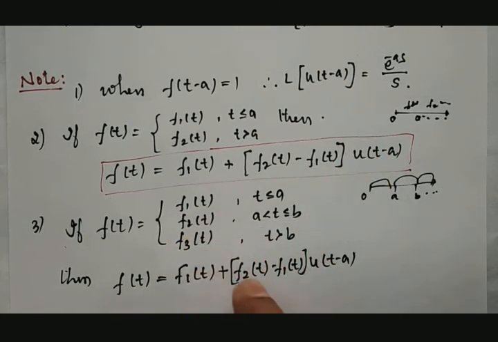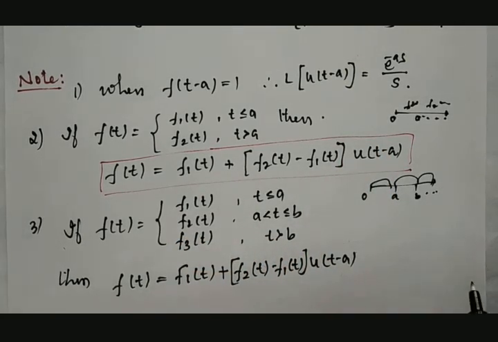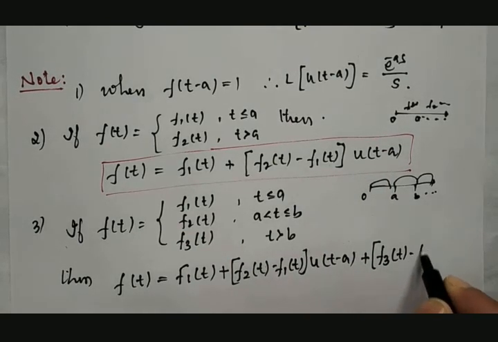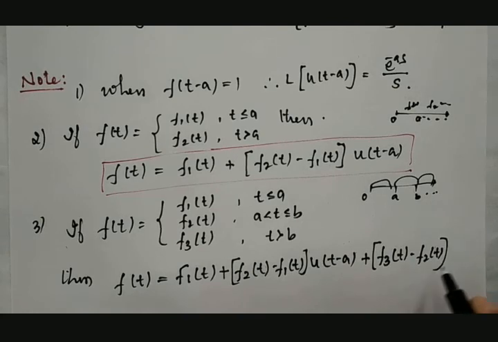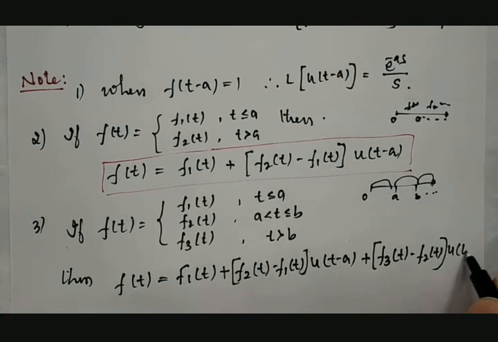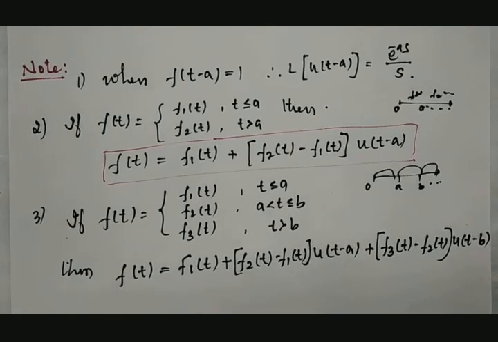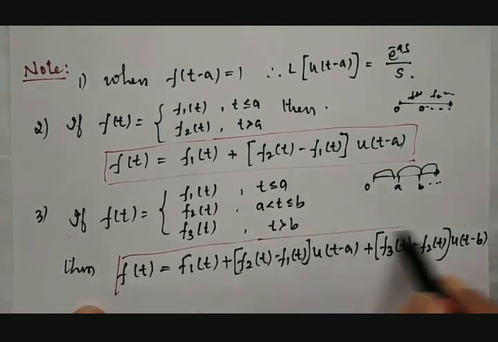It is the same as this. But there is one more, the third, that says third function minus second function into unit step of t minus b. Understood? Unit step of t minus b.